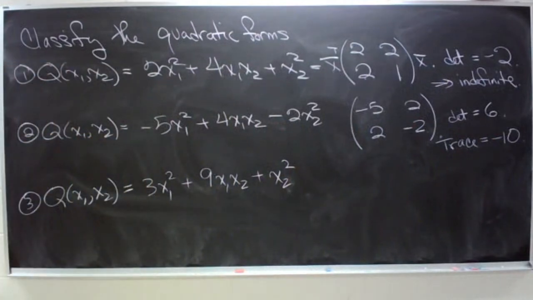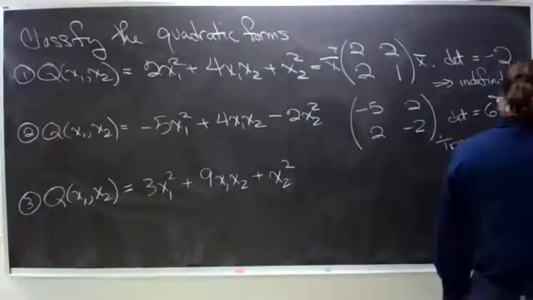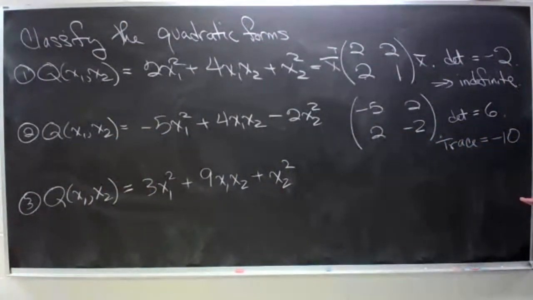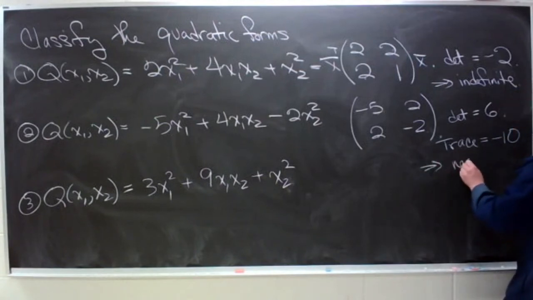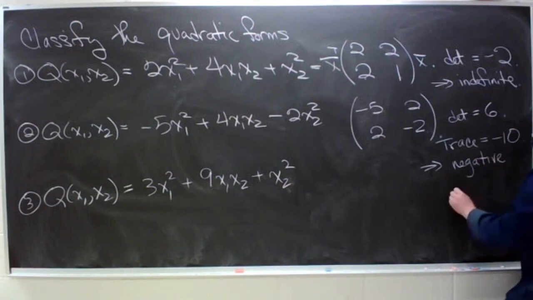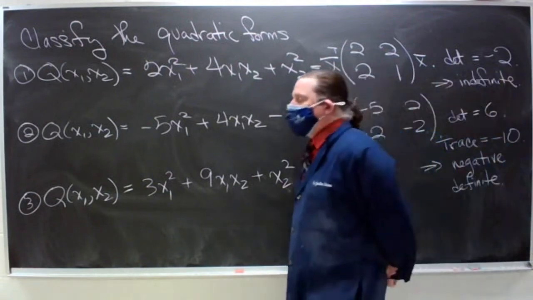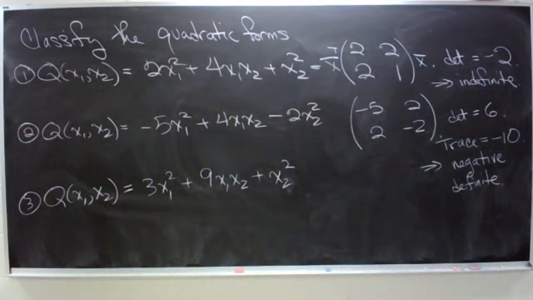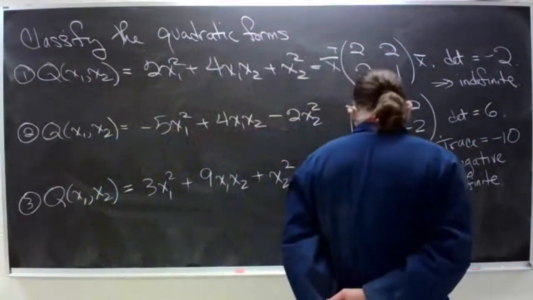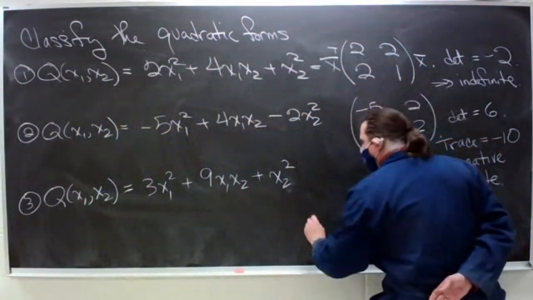So I have 2 eigenvalues. They have the same sign, but their sum is negative. Well, then both of them must be negative. So this quadratic form would be negative definite. How about this last one?